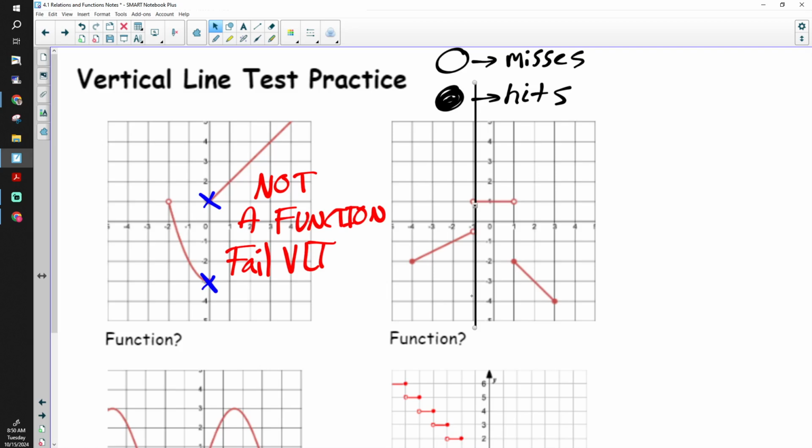There is a difference between this hole and this hole. And here's why. Here, we have an input. Our input is -2, right? But we have nothing there. Here, because both parts of our graph don't exist, there's just a hole in the function, which is okay. Does that make sense? Kind of.